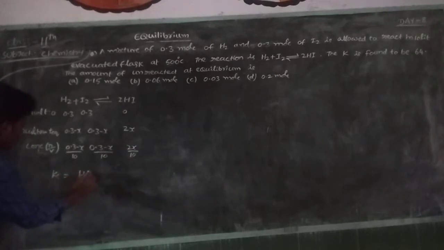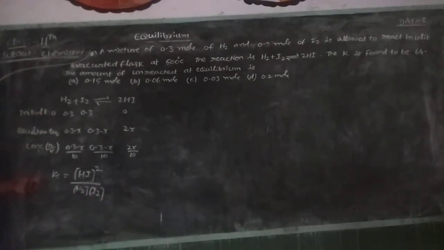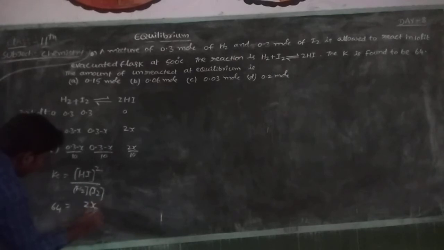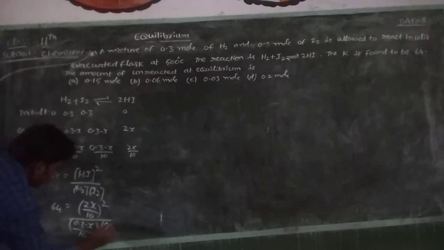Kc is equal to HI power 2 over H2 concentration times I2 concentration. Kc is given as 64. 64 is equal to HI, which you have to write as 2x by 10 whole square, upon H2, 0.3 minus x by 10, and I2, 0.3 minus x by 10.